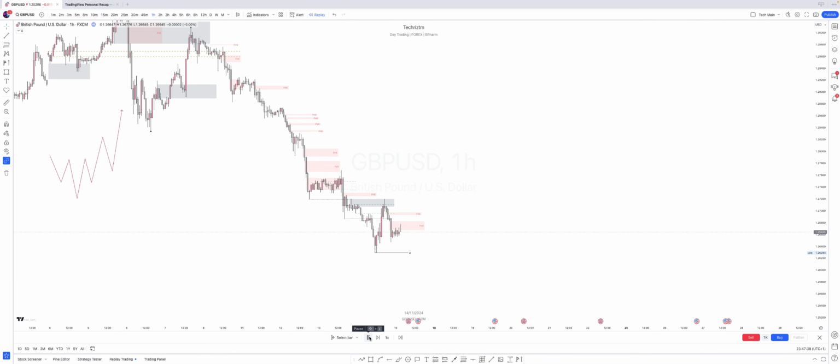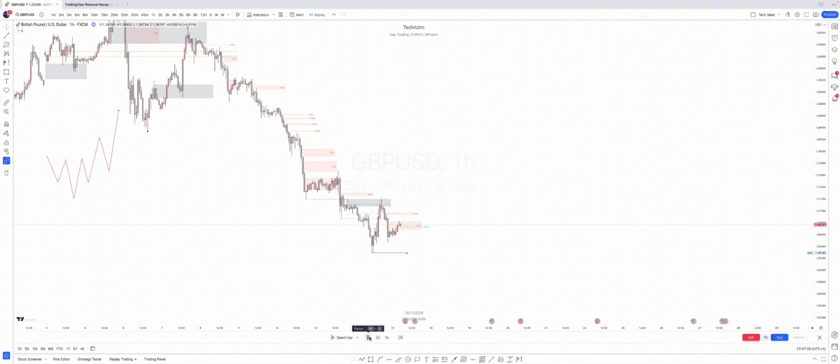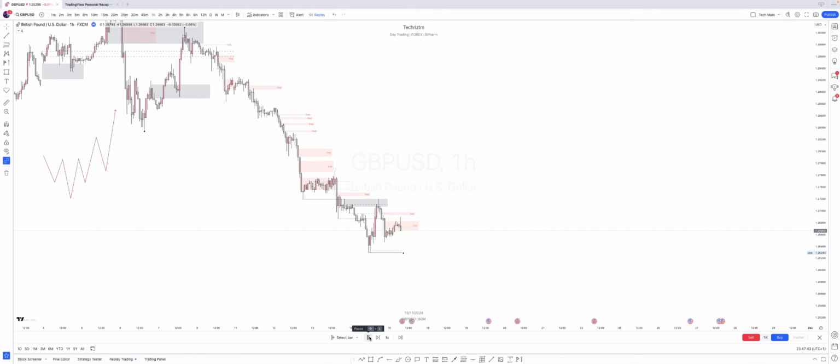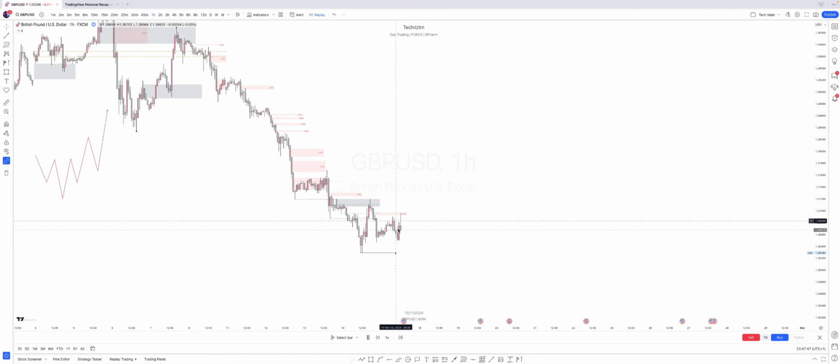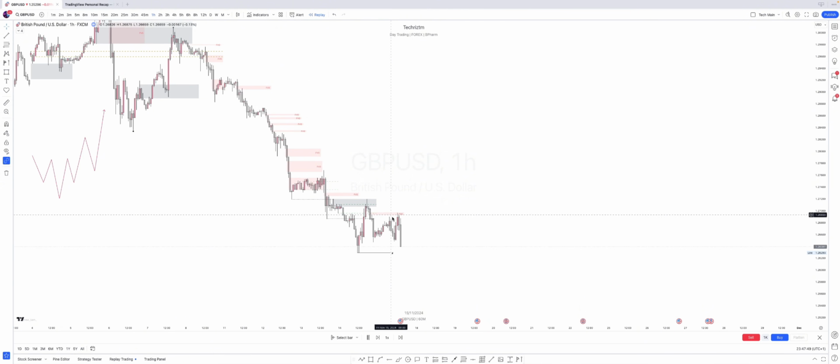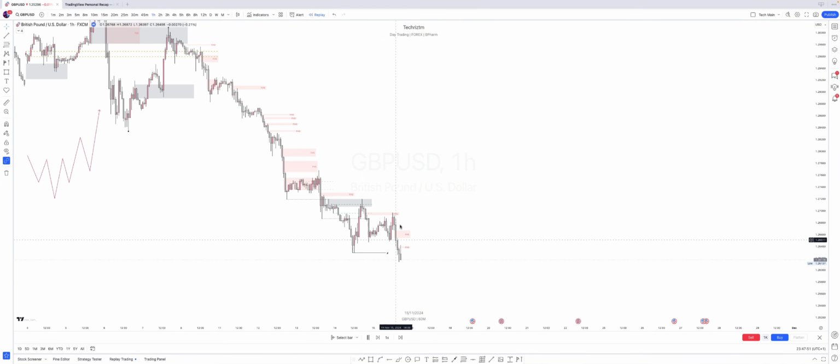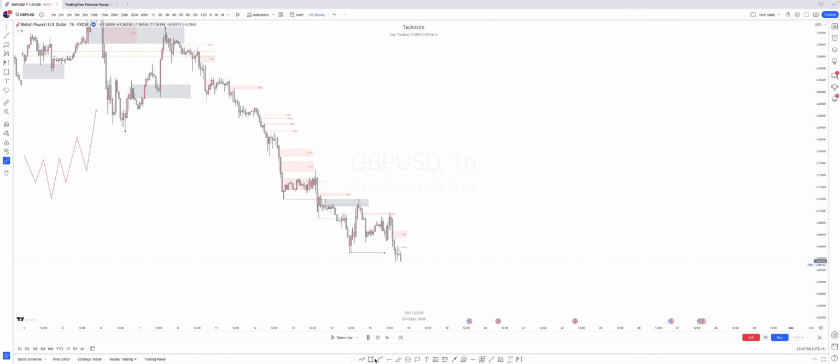Okay, so we have some sort of a pullback here. Some sort of a pullback into this FVG, kind of like an incomplete pullback. Okay, now we have our break.